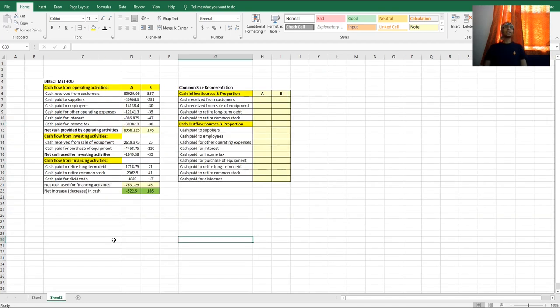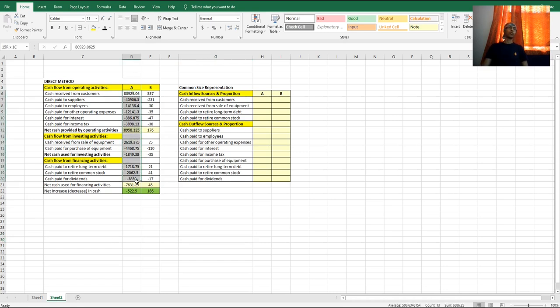Now we discuss common size representation for cash flow statements. So friends, we can see a direct method statement here. Cash flow from operations, investing activities and financing activities are mentioned here. Now there are two companies, A and B, with drastically different numbers.